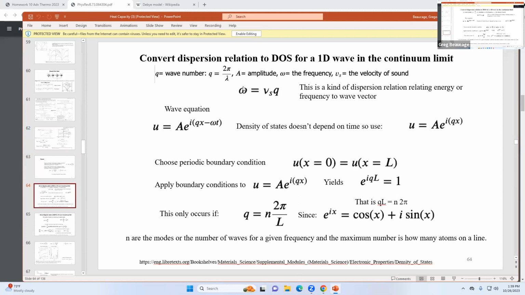Even that is kind of relating wave number and frequency, which is already a relationship. So let's see, how do you do this?